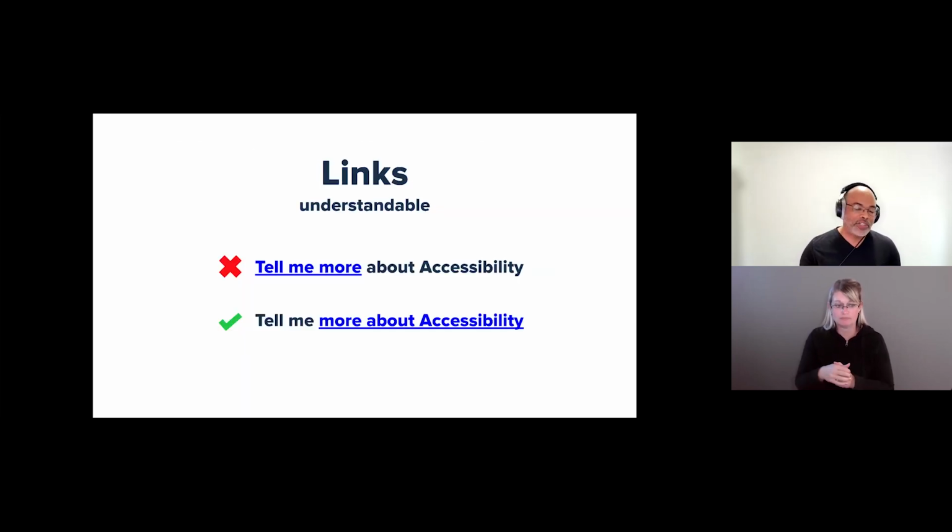So if you want to test how your links actually work in your product and in your content, even in your blog posts, look at how you've had them written. Tell me more about accessibility, or tell me more about accessibility, the bottom one. Remove the content and just leave the link. Then read it back.